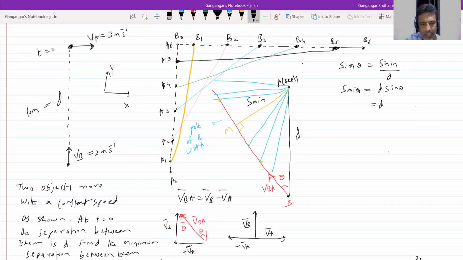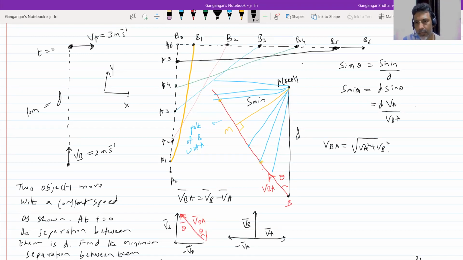Come for this vector triangle. VA by VBA. What is VBA? We don't know VBA, no? How to get VBA? VBA is root of VA square plus VB square.